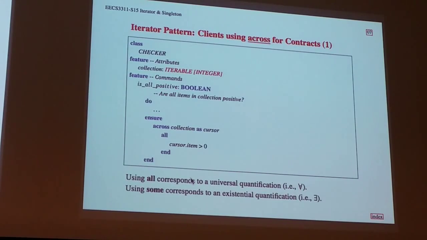So basically this is a Boolean query, which is going to check if the collection here contains positive integers only. That's what the feature is supposed to do. And that's simply the body here. I just ignore that because the focus now should be how you write the contracts.